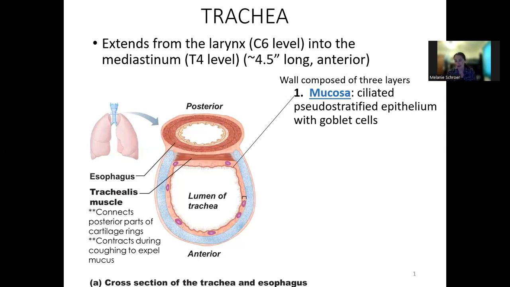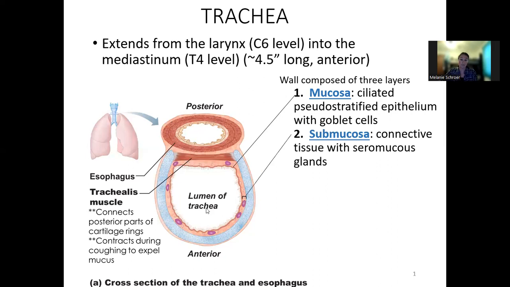Stay tuned for more on that mucus escalator later. So again, this mucosa, which is ciliated pseudostratified epithelial tissue, is lining the entire lumen of the trachea. Okay? Also in this image, we can see that the esophagus is posterior to the trachea.